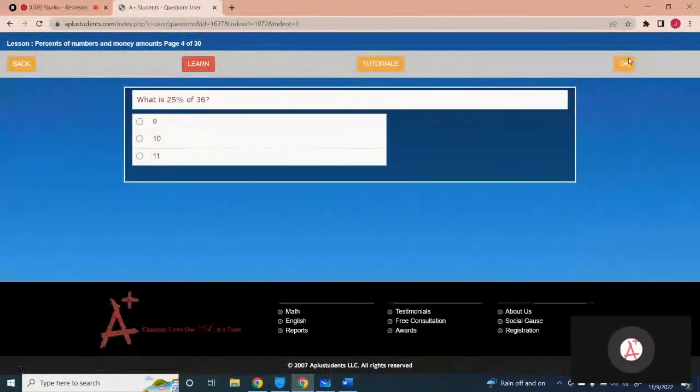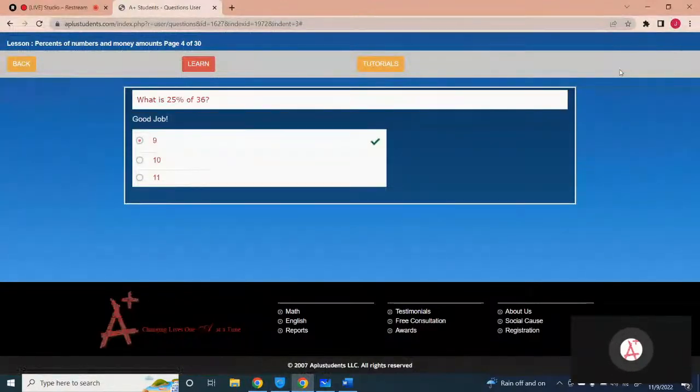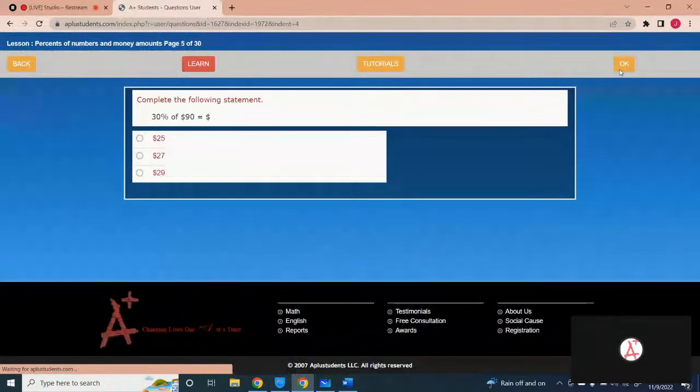Okay, 25% of 36 is 9. Got it? You have to follow the same procedure like we are doing for the questions. Okay, 30% of 90 is 27.